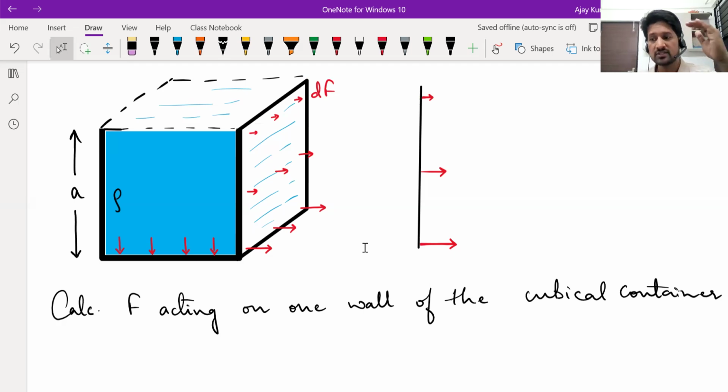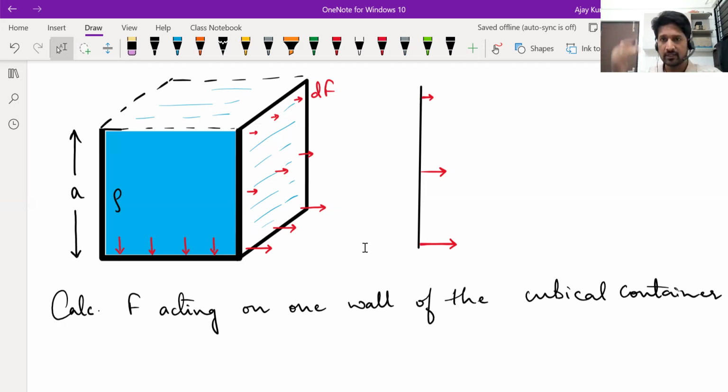First thing to do is to check how the pressure varies. Now this container is in equilibrium. So if the container is in equilibrium and the liquid is static, pressure varies with depth. But at a given depth, the pressure will be uniform. So what we have to do is identify small patches of area, elements of area, on which the pressure is uniform.